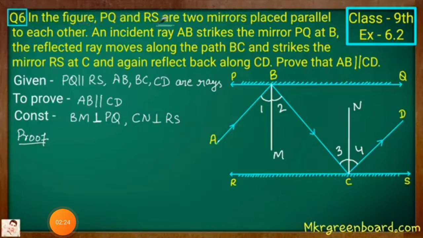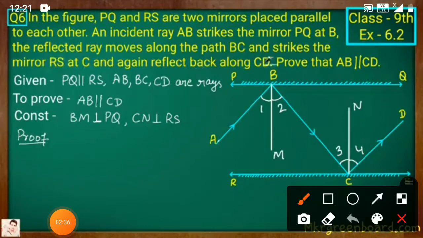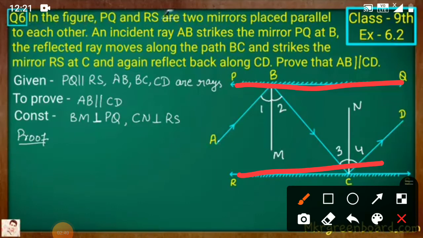Continue the exercise. Question number 6. In the figure, PQ and RS are two mirrors. See children, here PQ and RS are two mirrors placed parallel to each other.